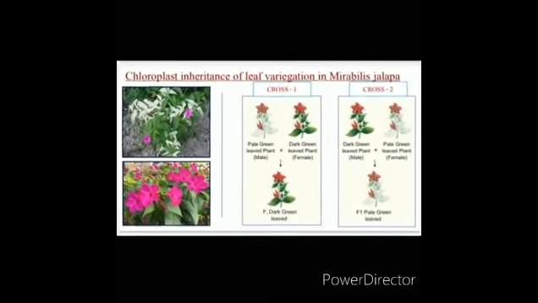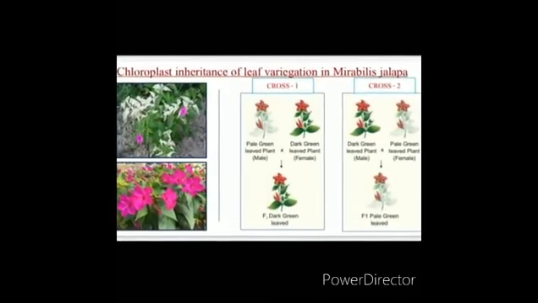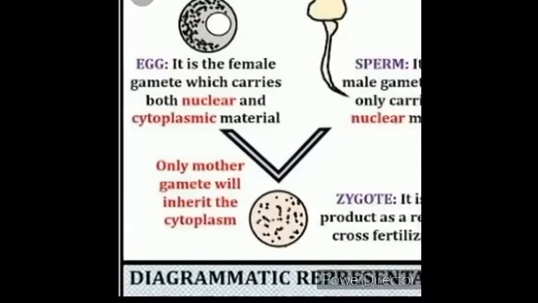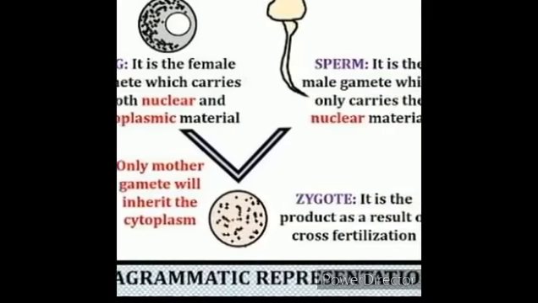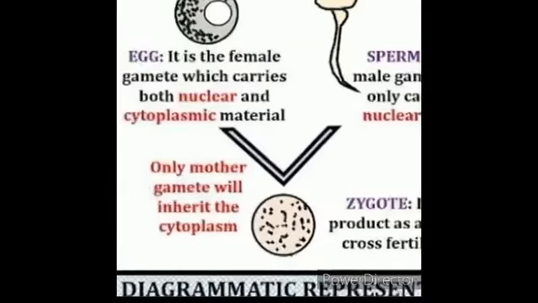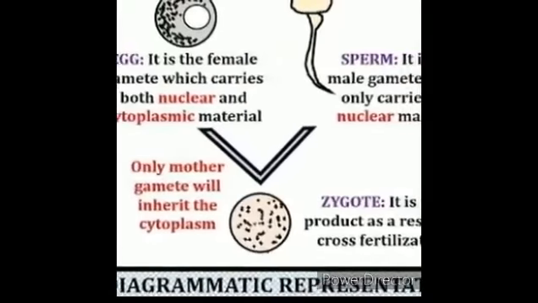It is through the chloroplast gene, the ovum of the female plant, which contributes the cytoplasm through fertilization. Since the male plant contributes only the nucleus but not the cytoplasm.